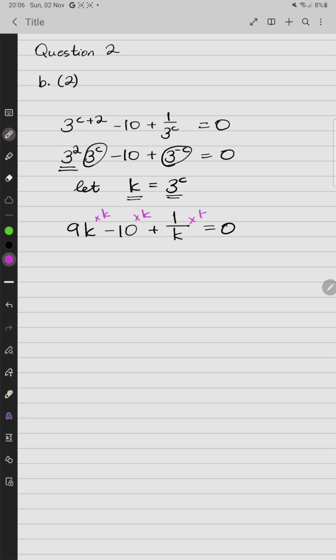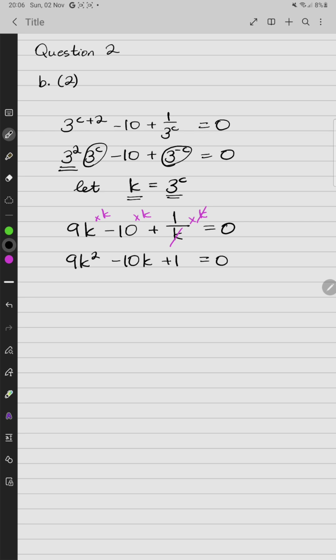The reason I'm doing that is to get them to cancel, so that I don't have to work with fractions. If I multiply 0 by k, that is just 0, because 0 times anything is 0. Then I'll be left with 9k squared minus 10k plus 1 equal to 0.